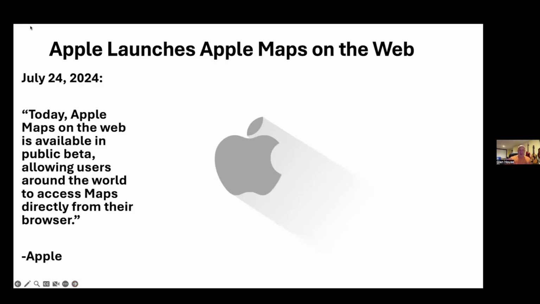Okay, I don't know if you guys heard about this, but Apple launched their Apple Maps on the web. So besides using your standalone Apple Maps app that comes with your phone or your MacBook or your iPad, now you can do this on the web as well, just like Google has done for a long time.